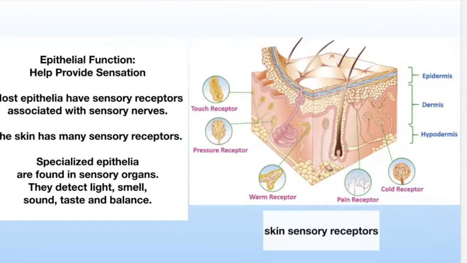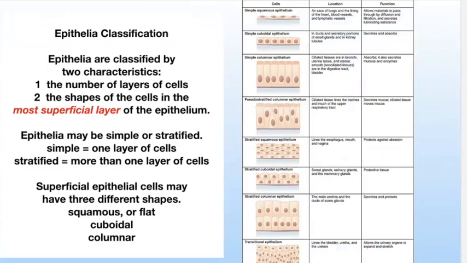Most epithelia have sensory receptors associated with sensory nerves. The skin has many sensory receptors. Specialized epithelia are found in sensory organs, and these specialized epithelia can detect light, smell, sound, taste, and balance.